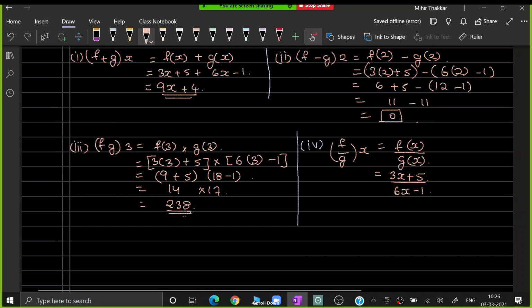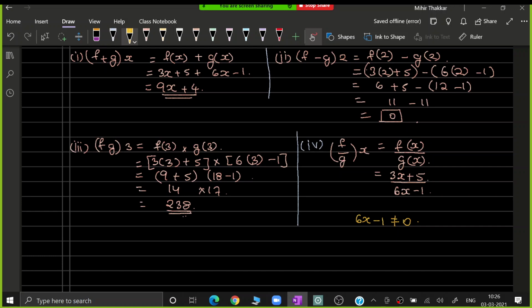Now, when you come across this kind of a division, remember that you have to write over here 6x minus 1 cannot be equal to 0, because if the denominator becomes 0, your function will become undefined.